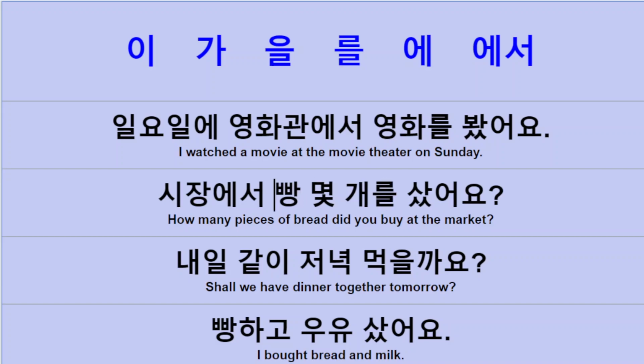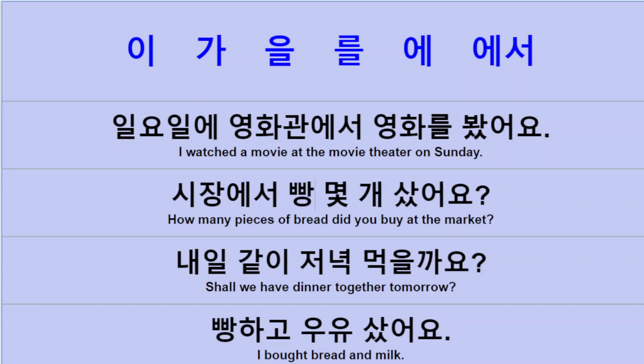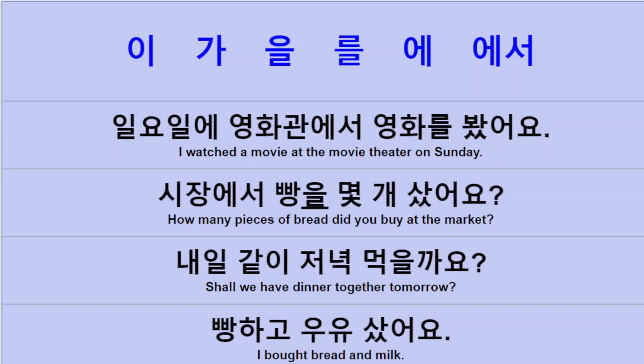I can make only 빵 the object, or the whole phrase "how many breads" the object in the sentence. But I normally say 빵을 몇 개 샀어요, making only 빵 the object. But both ways are good.